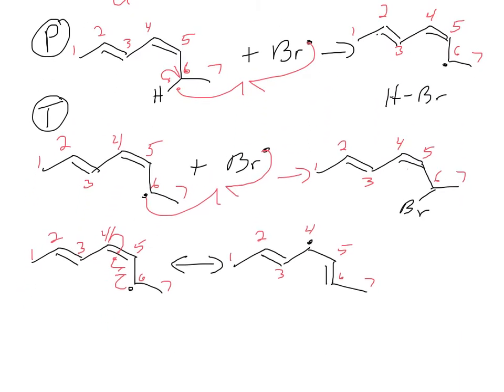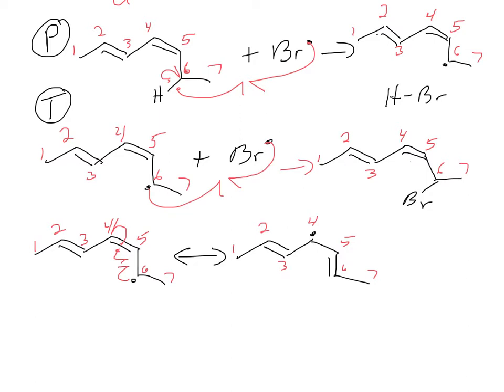So let's move this up. I'm going to redraw this guy. So if this was the first one I drew, if it was to react with Br dot, where would the bromine end up on?